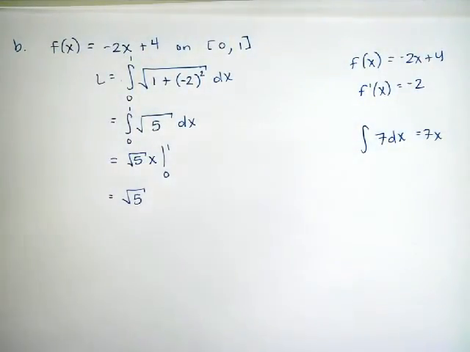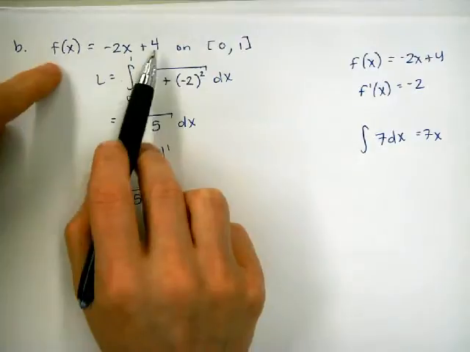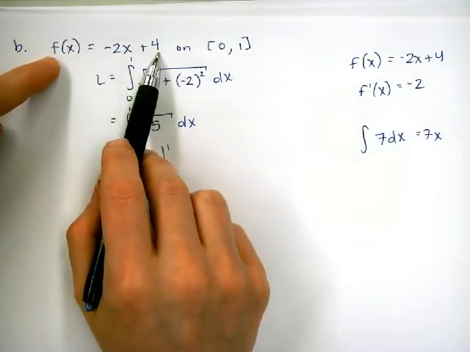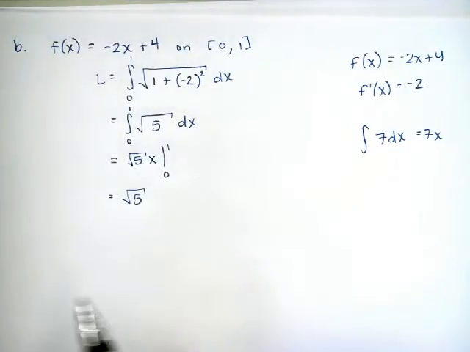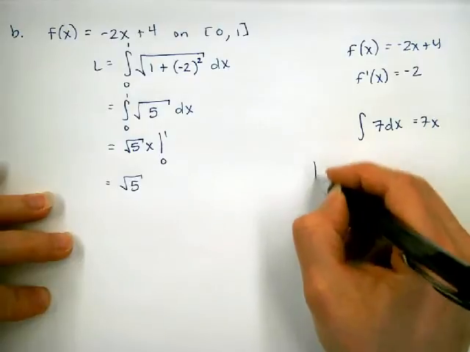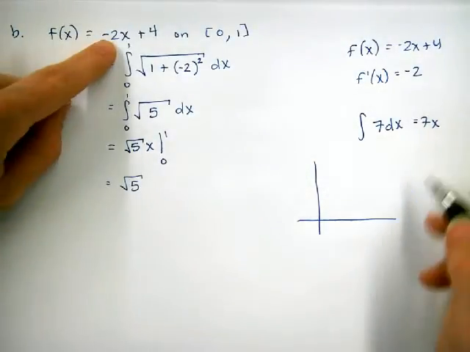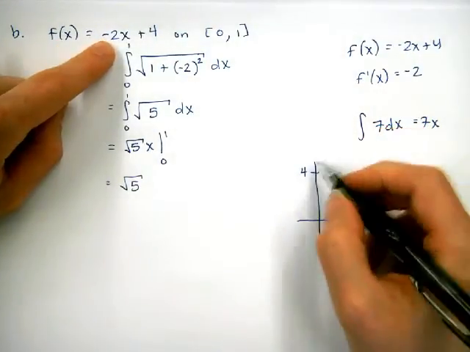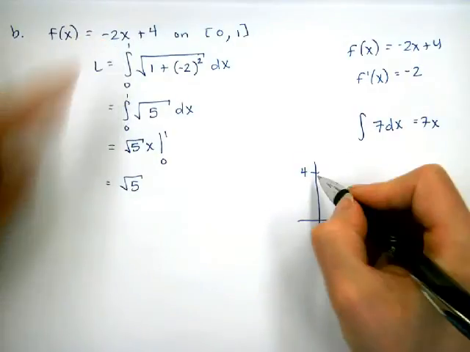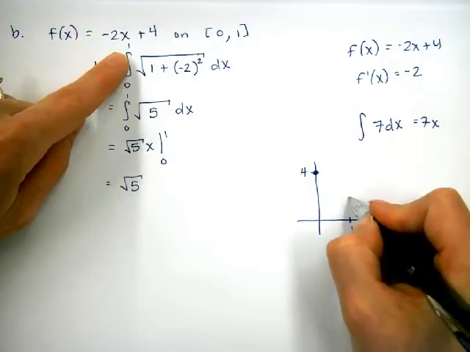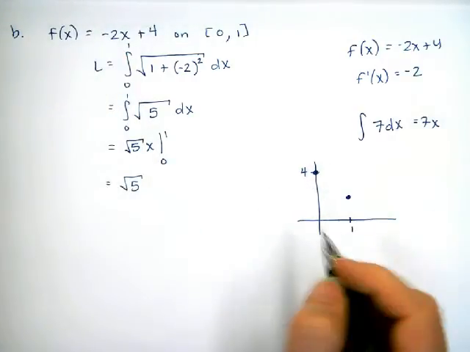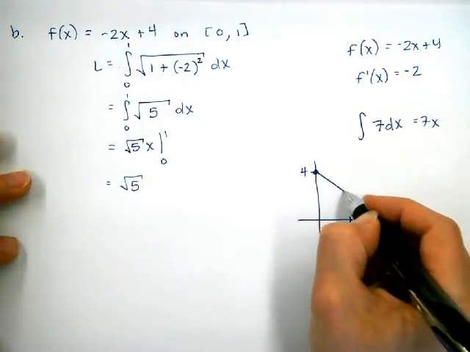Now let's see if we could check our answer on this one. Because if I were to graph this, what would it look like? It'd be a line. I really don't need to use integration to find the arc length of a line, right? But this is a good way of checking our answer geometrically. So if I graph negative 2x plus 4, here's 4, and then here's 1. So at 0, it would be 4. At 1, it would be 2. So we're basically trying to find the length of that line.